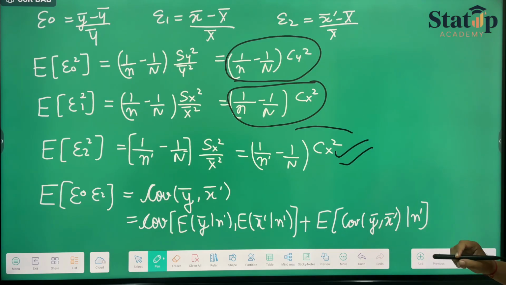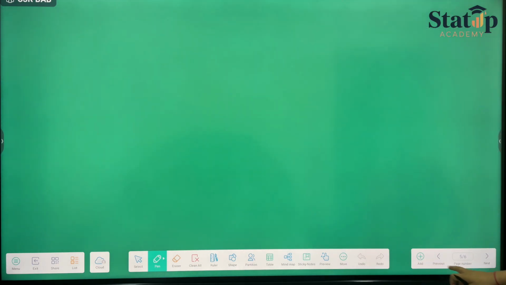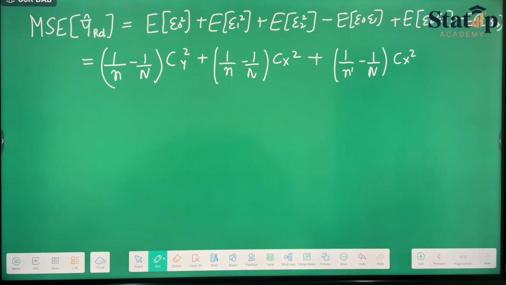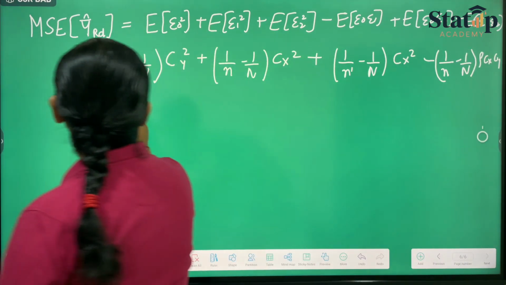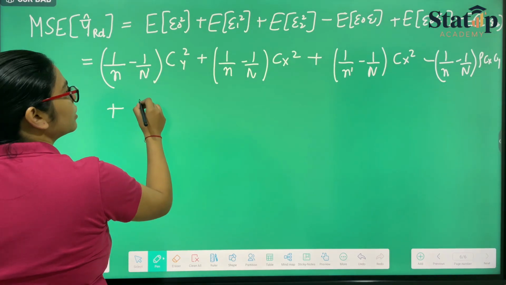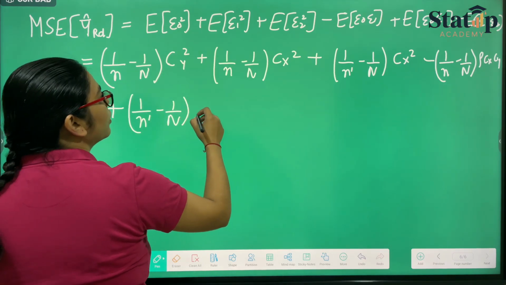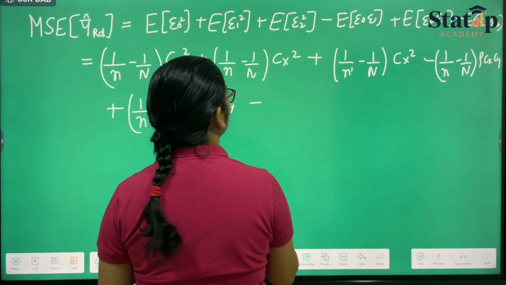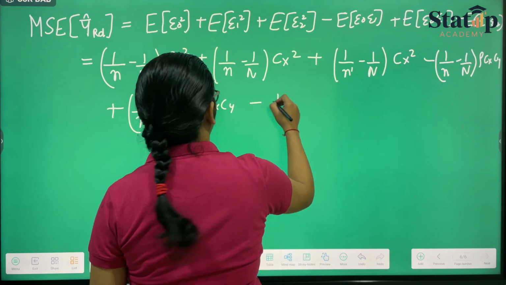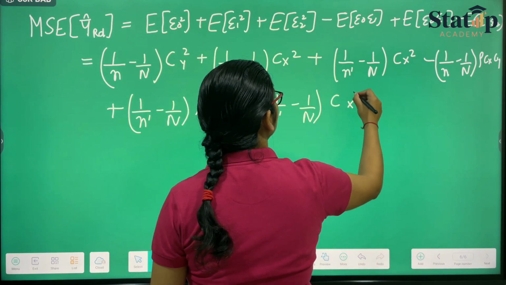And now the expectation of epsilon naught epsilon 1 would be 1 upon n minus 1 upon capital N rho Cx Cy, naught and 2 would be 1 upon n prime minus 1 upon capital N into rho Cx Cy, and 1 and 2 would be minus 1 upon n prime minus 1 upon capital N Cx square.